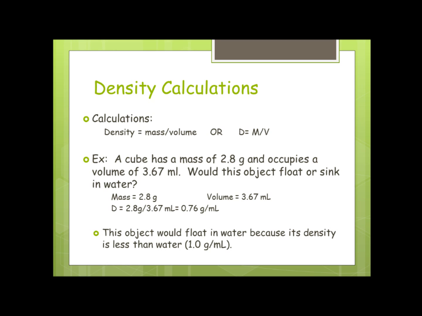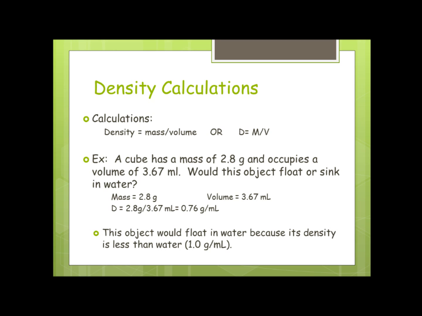Our volume is 3.67 milliliters, which means to find the density, we divide 2.8 grams by 3.67 milliliters, and we should get 0.76 grams per milliliter. Now, if we look at that, 0.76 is less than 1. So because the density is less than the density of water, this object should float.